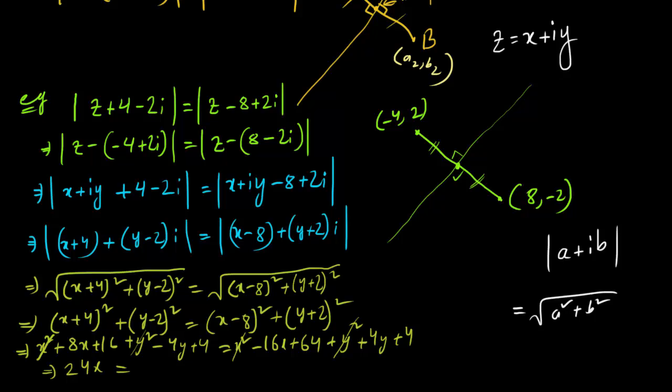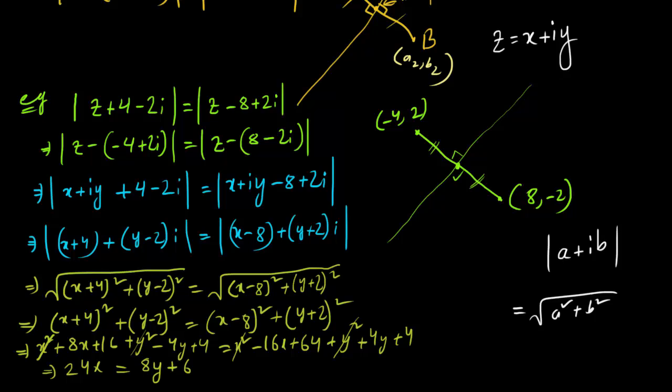And on the other side, we have this 4y and this 4y added together. This is 8y, and we have a 4 over here and a 16 over here, which is 20, and we have a 64 over here and 4 over here, which is 68.